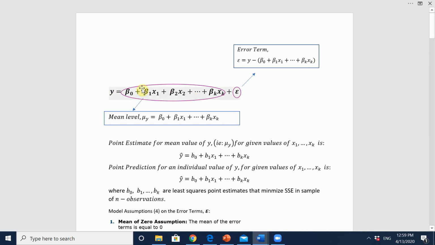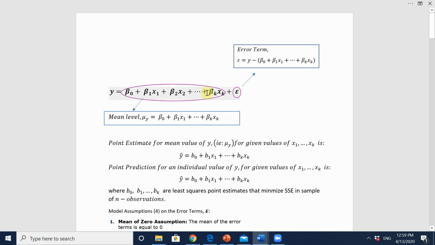Very quickly again, beta naught is the y-intercept of the model, and beta 1 or any beta j for that matter from 1 to k is the regression parameter for an independent variable, say in this case x1, and it measures the change in the mean value of y that's associated with a unit increase in, say, x1.